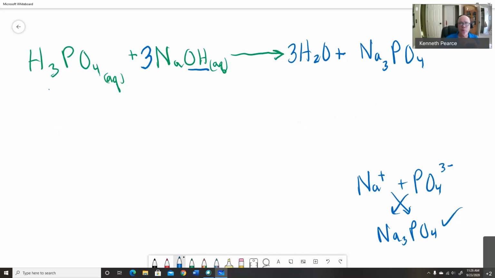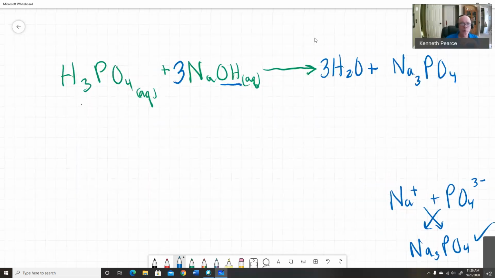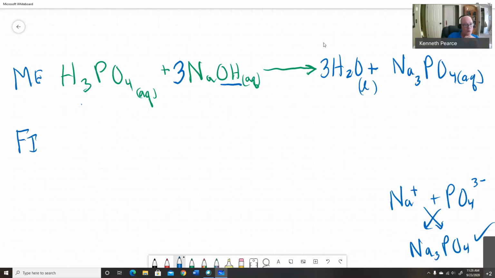And so this is the molecular equation, the ME. And now we can go ahead, after we put down the states here, sodium phosphate is a soluble salt, according to the solubility table. And so now we can go to the full ionic. And keeping in mind, what do acids do?